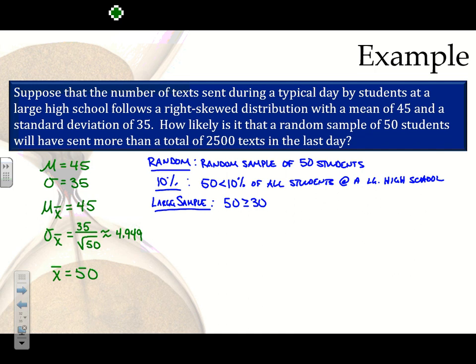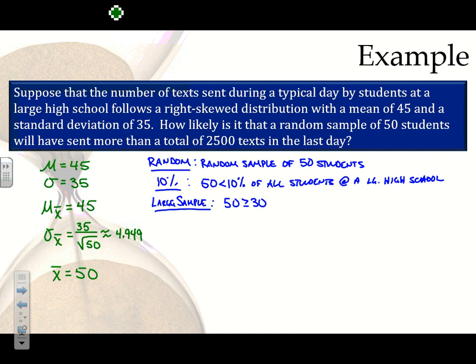The other thing I could have done with this type of problem is I could have left my sample mean at 2,500. But if that's what I'm going to do, then I have to convert my original population mean and standard deviation to reflect that now we're not doing per student, we're doing totals. So instead of 45 texts, I would take 45 times 50, my sample size, and that would tell me how many total texts per day are sent.